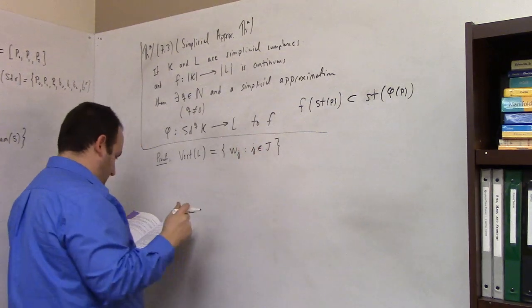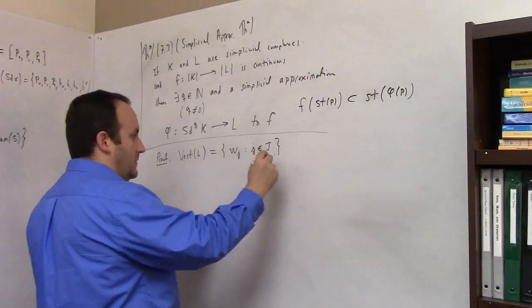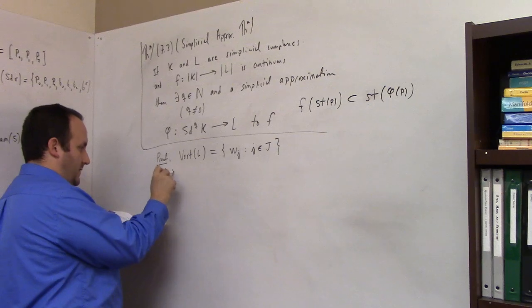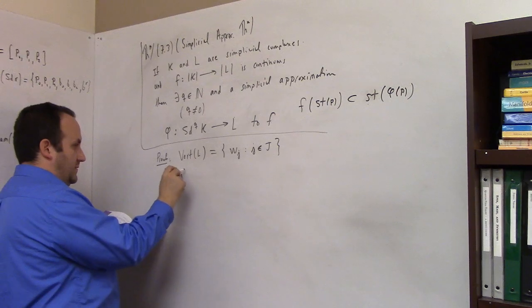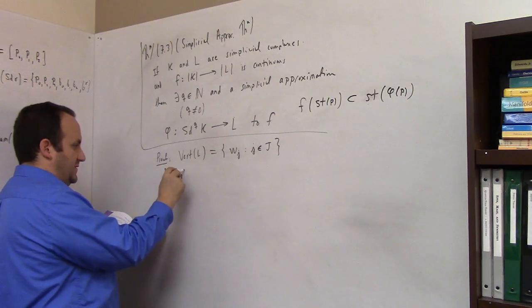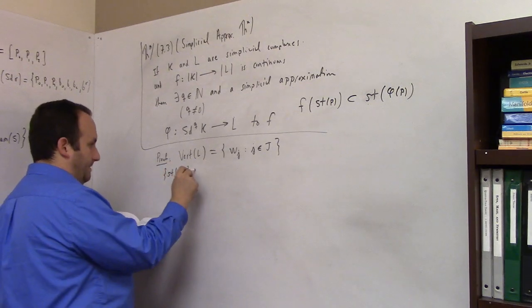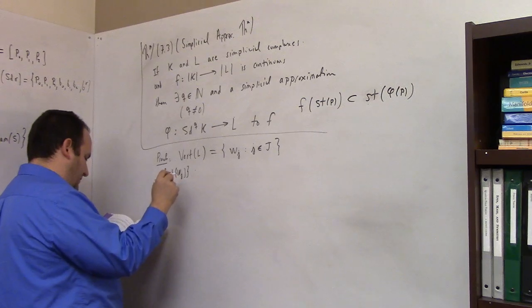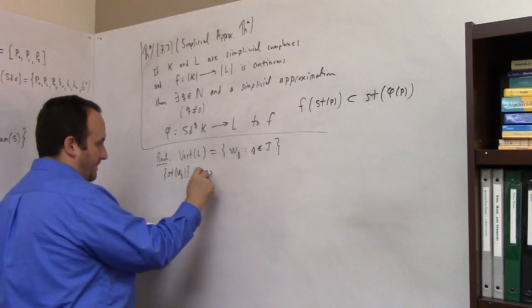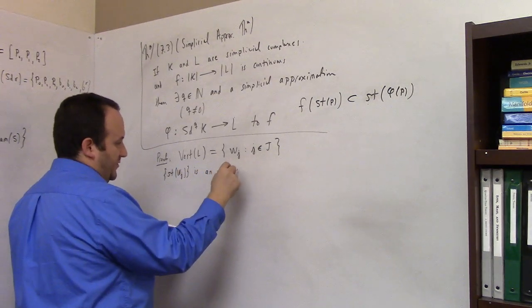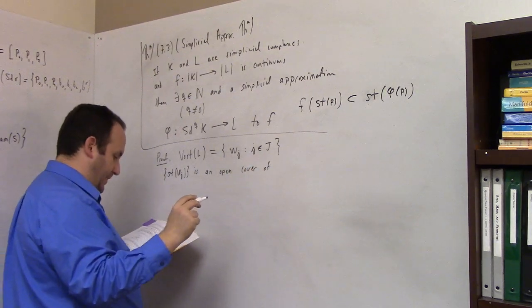And he says the stars of the vertices is an open cover. He's just reminding us the notation: an open cover of the underlying set of L.